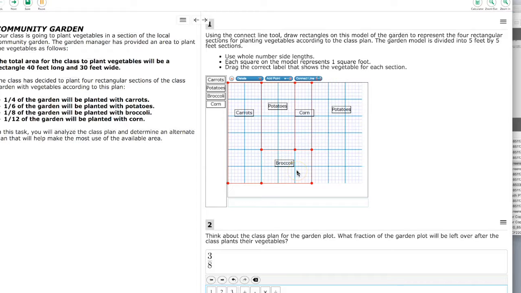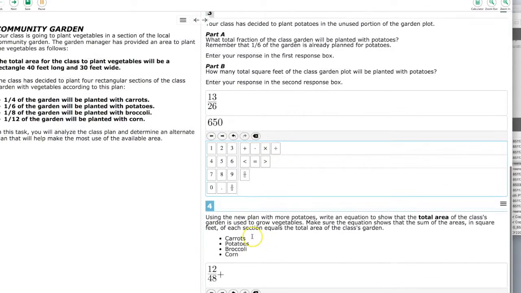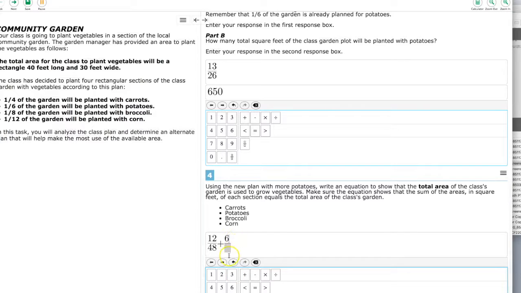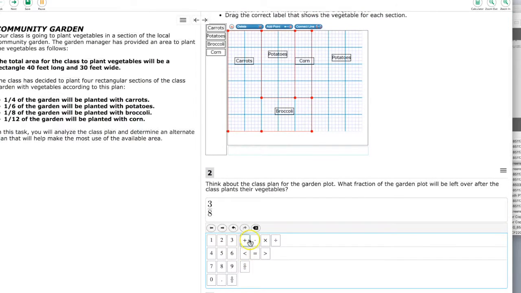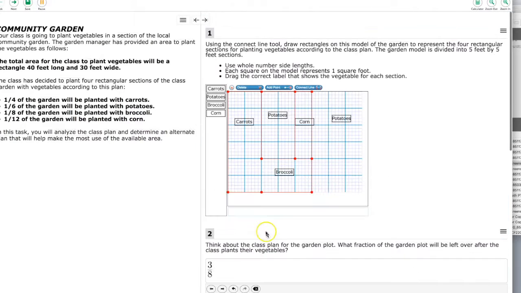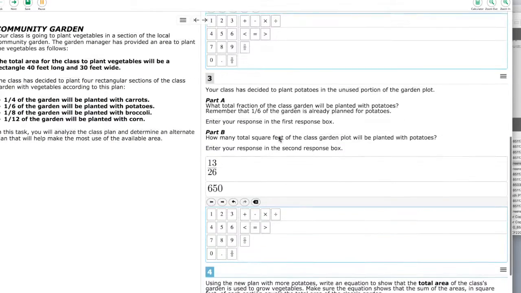There's 6 5 by 5 foot squares of the broccoli, so 6/48 plus the corn, which is 4/48, plus all the potatoes, which was 18 here, plus the 8 over here, which was 26.